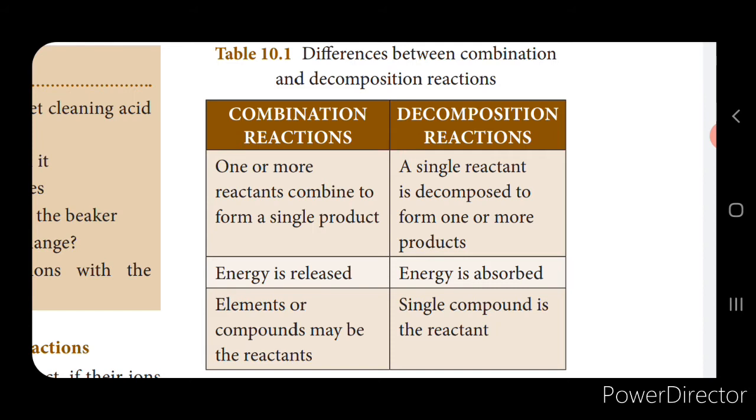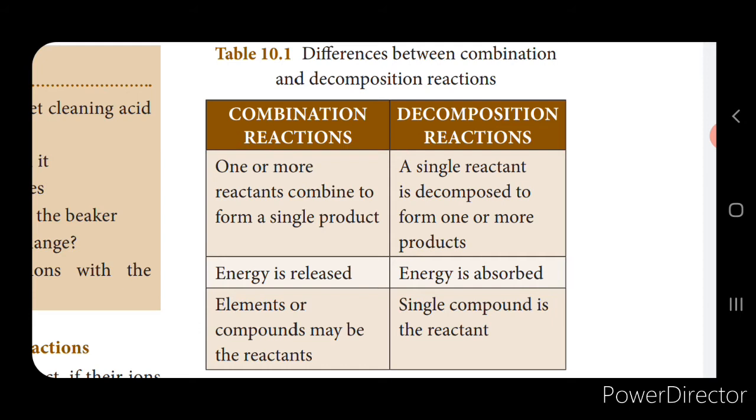Now in a combination reaction, energy is released. Why? Because a new bond is formed, isn't it? For the formation of a new bond, we said that energy is always released, isn't it? We also said that combination reactions are exothermic reactions because the formation of new bonds takes place and a huge amount of energy is released in the form of heat energy. So it is an exothermic reaction.